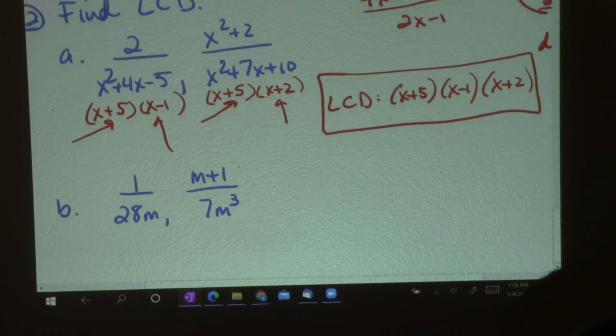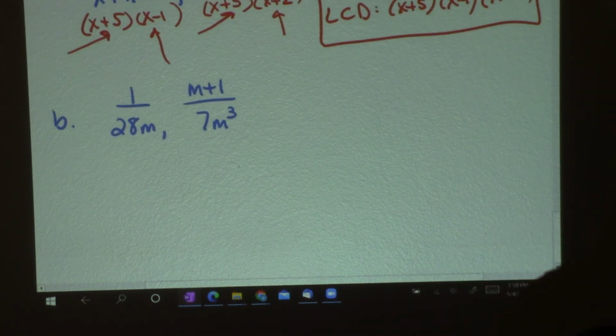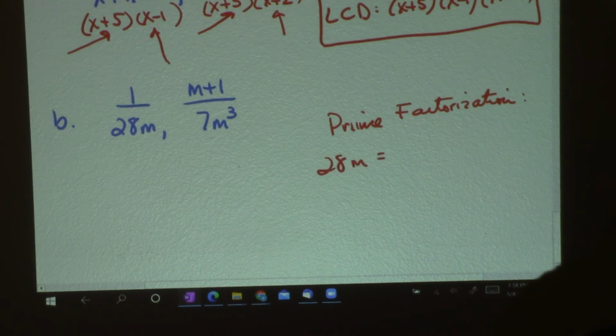Okay, on to the last one. I'll do both ways. So the prime factorization one. So 28m, those factors are 2 times 2 times 7 times m, right?